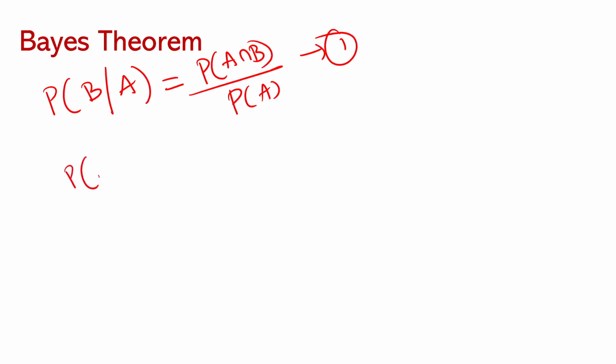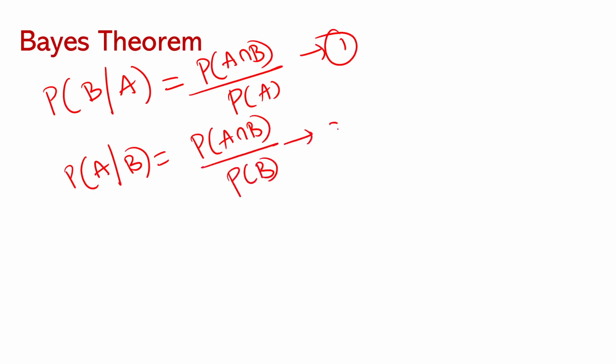Suppose I want to find the probability of event A, given that B has already occurred. What is the formula here? Same, P of A intersection B by P of B. This is equation 2.